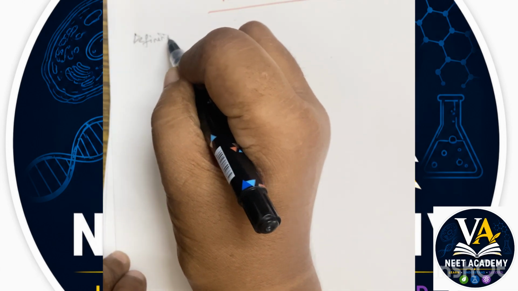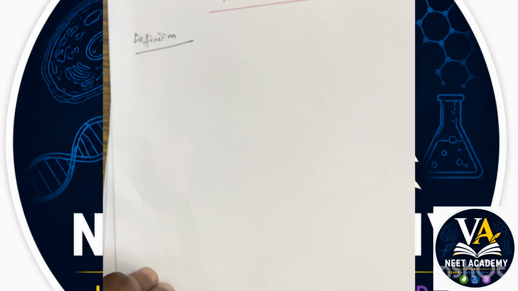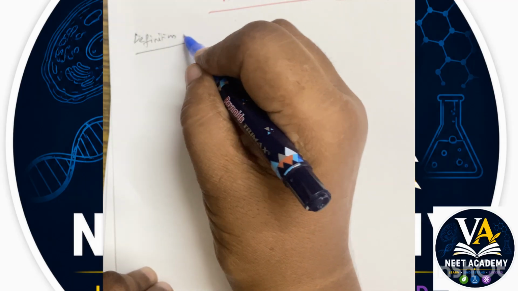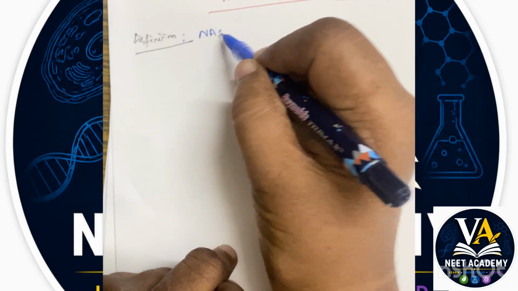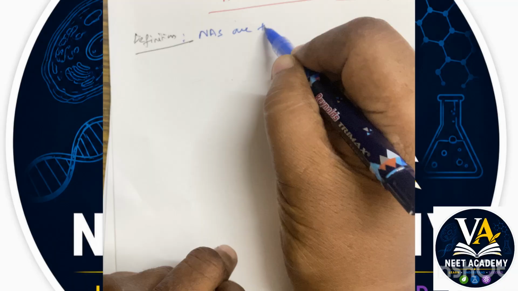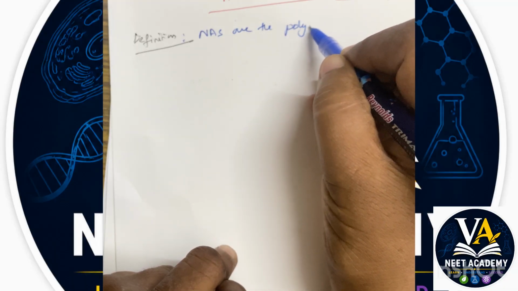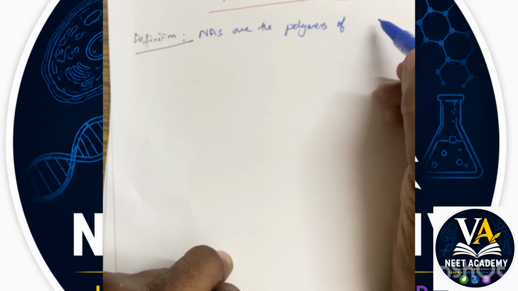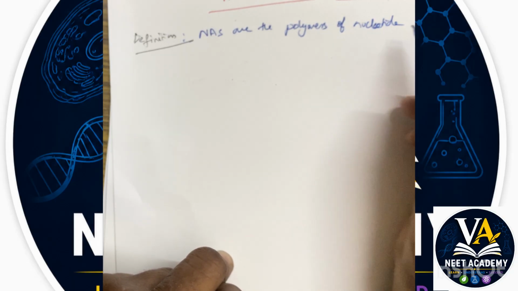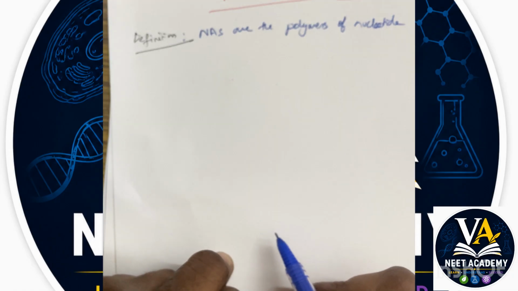Definition of a nucleic acid. So how will you define a nucleic acid? I am writing nucleic acid in short as NA. Nucleic acids are the polymers of nucleotide.